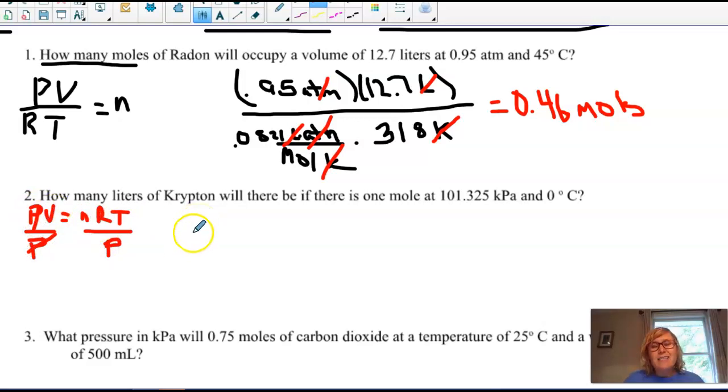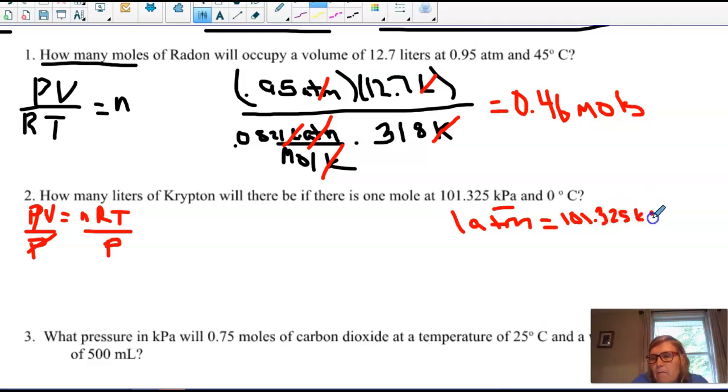The next thing I need to do is get rid of kPa. So there will be 1 mole at 101.325 kPa. Well, if you remember from our pressure conversions, 1 atm is equal to 101.325 kPa. So we're going to substitute 1 atm in for that.